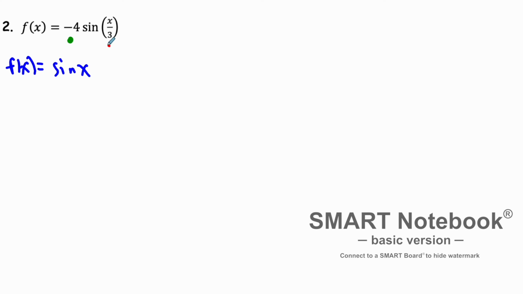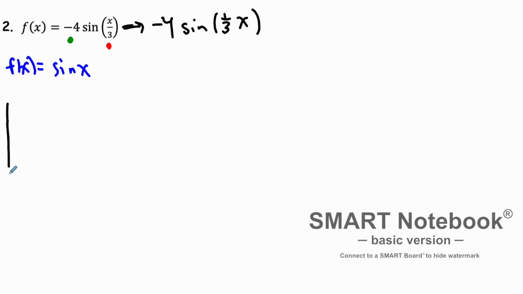Next, I will do the 1/3 for b. And again, if you want to rewrite this, next to it, we can just say this is the same thing as negative 4 sine 1/3 x. Those are the same thing. So 1/3 is b, and that's what we'll do in the red graph.